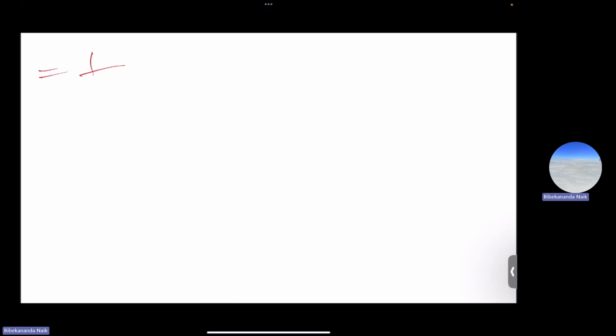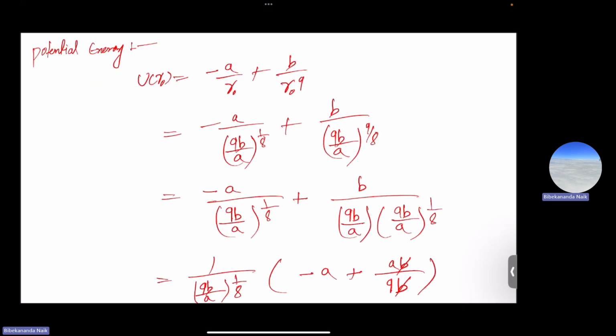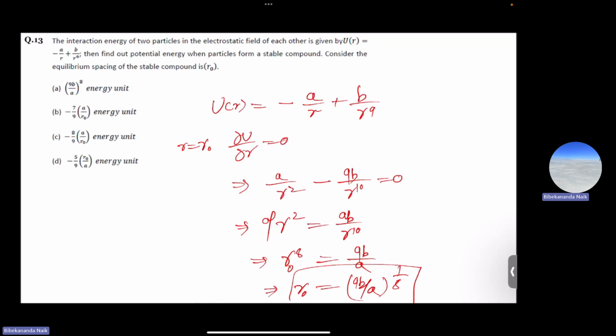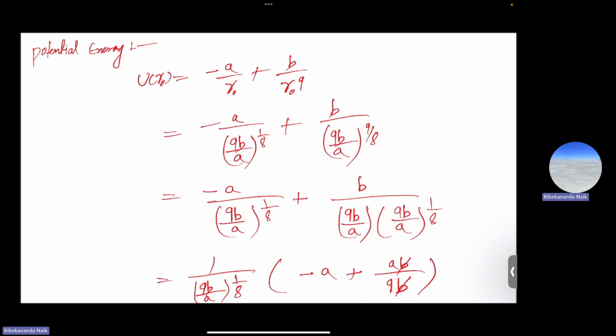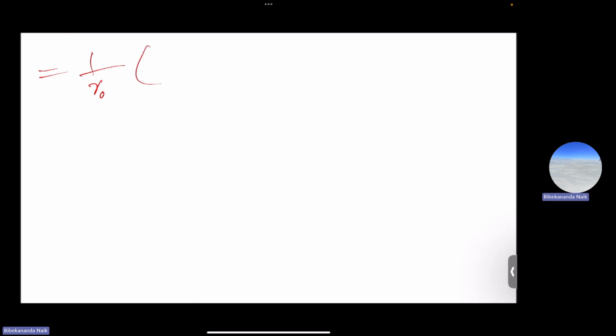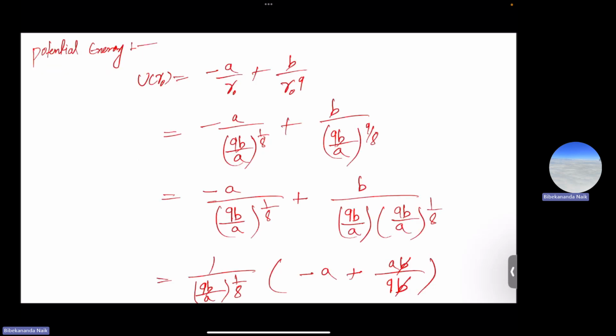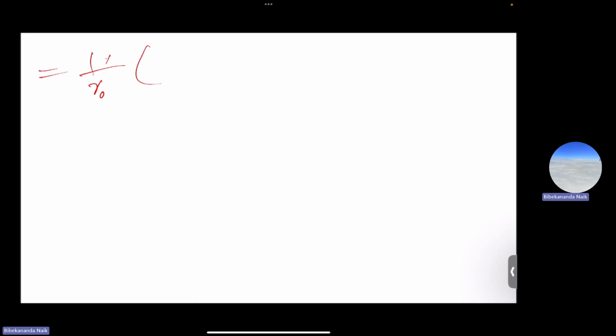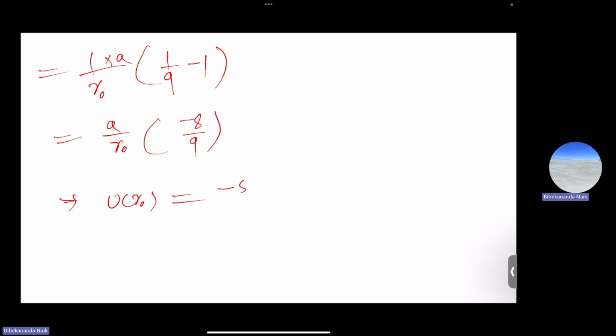We know this (9B by A) to the power 1 by 8 is nothing but R0. So it is 1 by R0 into A times (1 by 9 minus 1). It will be A by R0 into minus 8 by 9. So the energy at R0 will be minus 8A by 9R0 energy units.